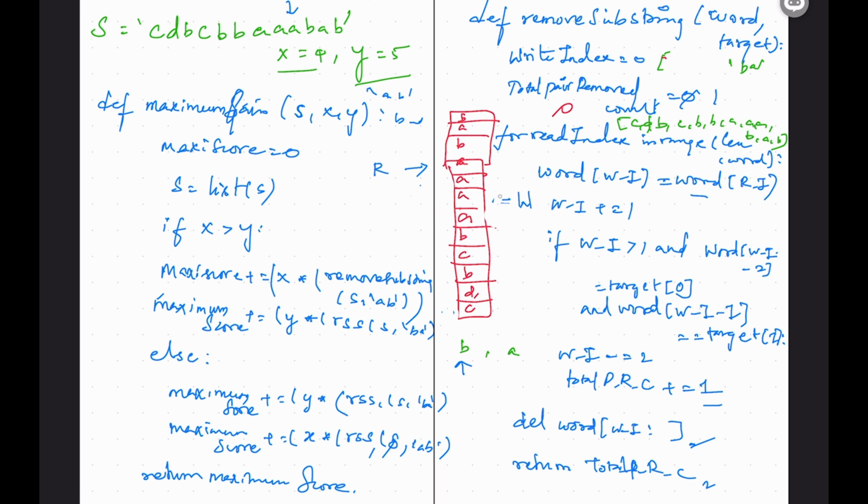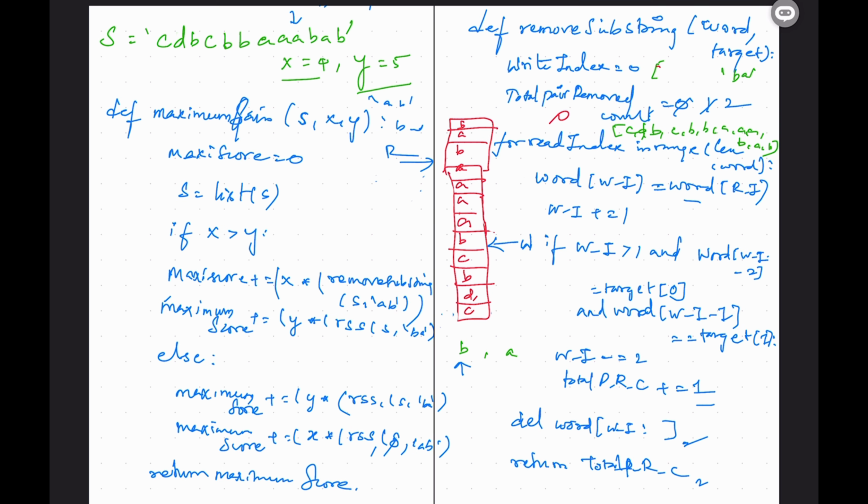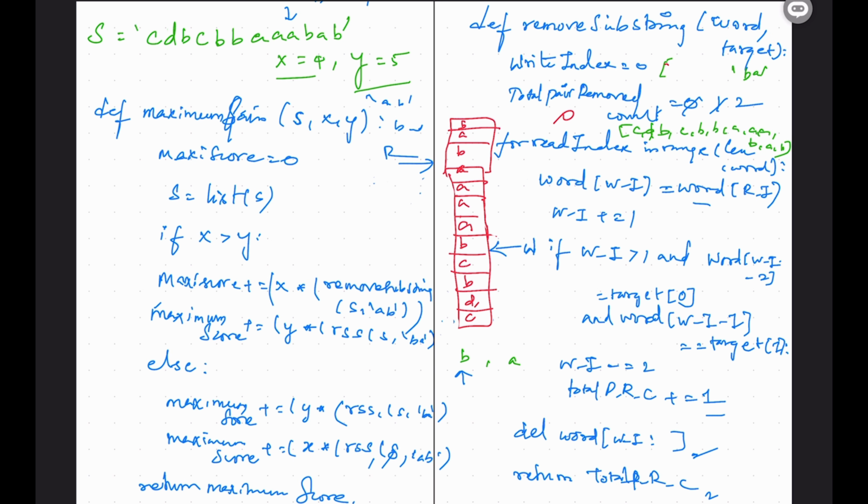Now again we will be going back to here, it was here, right? Now we are going back here. So this ba got removed, so overwriting doesn't matter. Now the read index will get updated to 2, right? Now this b would have got updated to this b, since it already has b, it doesn't matter.